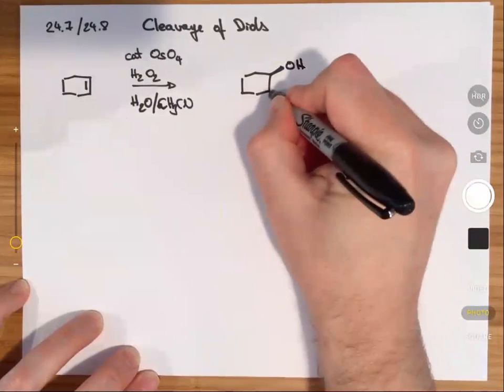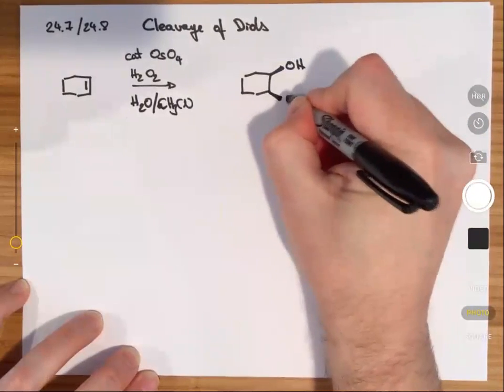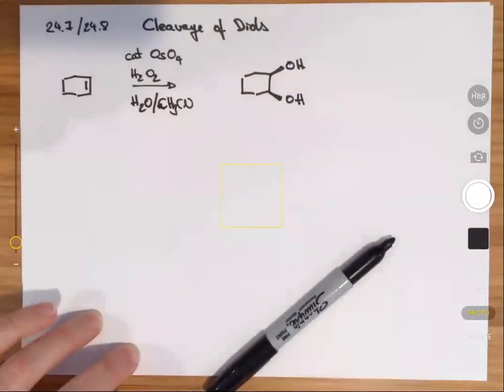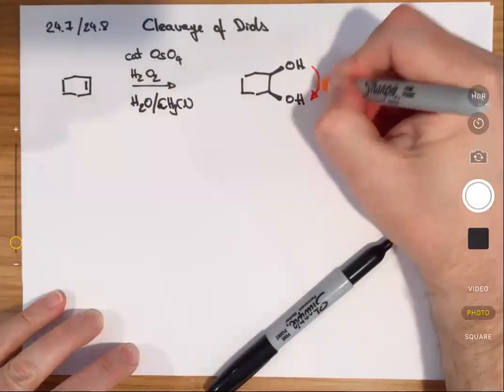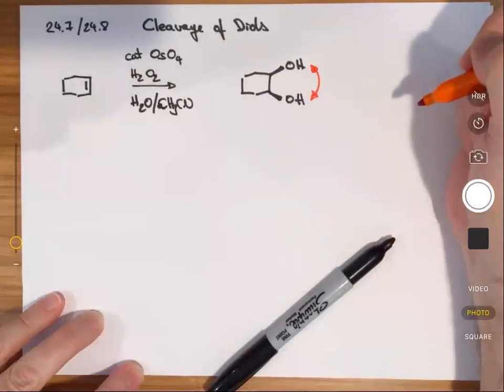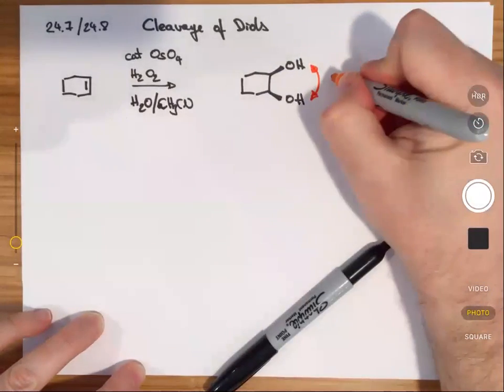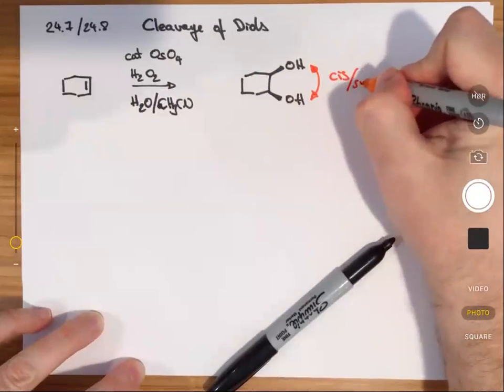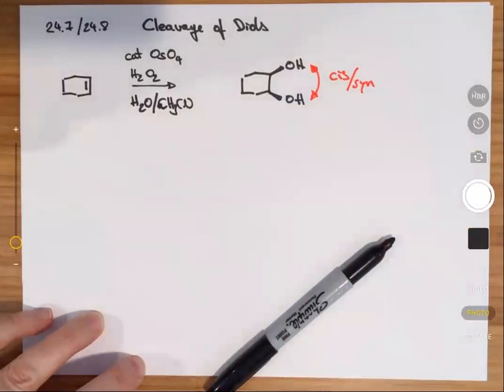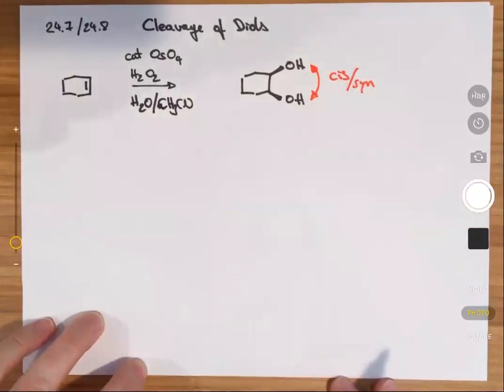So you generate basically from the double bond two hydroxyl groups. And these two are, with respect to each other, that's the critical factor for this bishydroxylation, that they are cis with respect to each other, or syn if you're talking about acyclic structure.